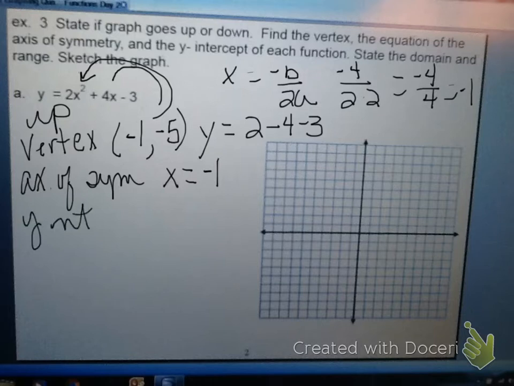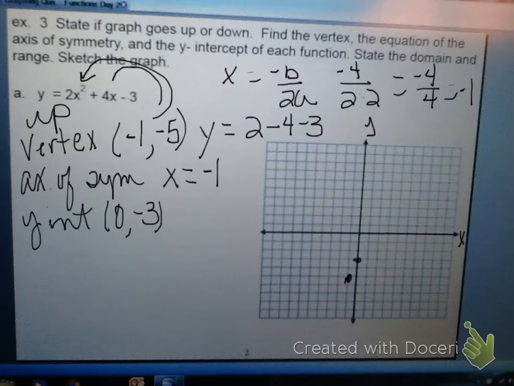The y-intercept is 0, c, so that's 0, negative 3. Okay, let's go ahead and stop here and plot what we know. Our vertex is negative 1, negative 5, and the y-intercept is 0, negative 3.